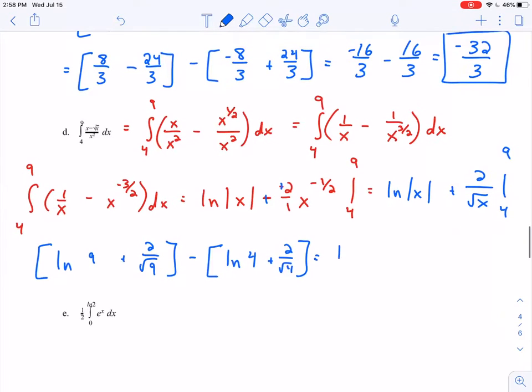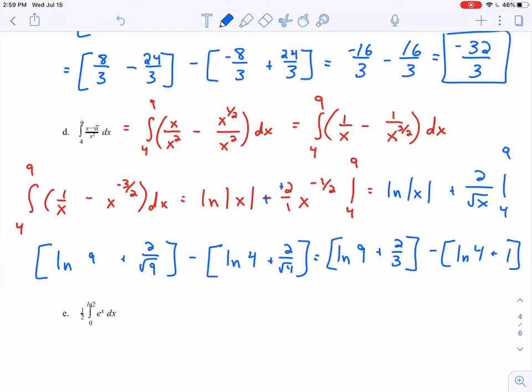So let's see, I've got natural log of 9 plus 2/3 minus natural log of 4 plus this will be 2 over 2, which I'm just going to simplify to be 1 right away.